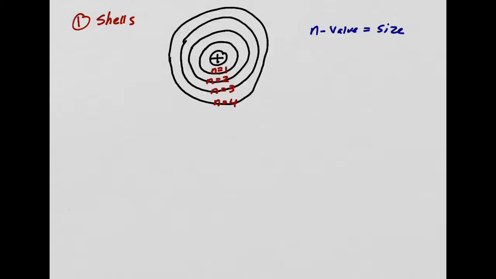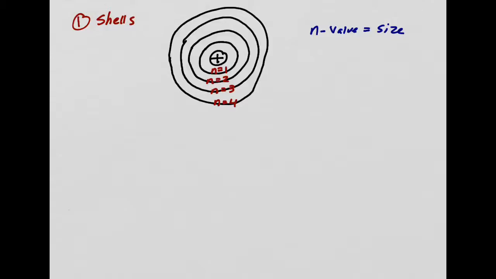Now if you look at it, n equals 1 has the lowest energy level, and n equals 4 would have a higher energy level. You have a higher energy level as you get away from the nucleus. Now look at it this way.